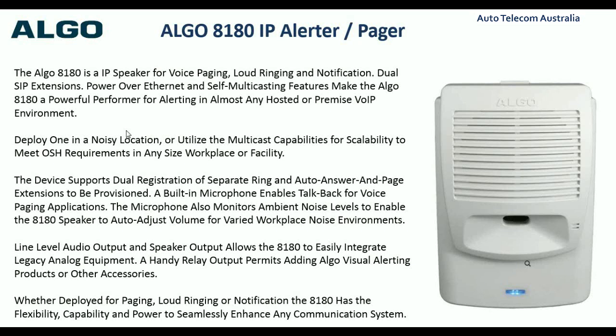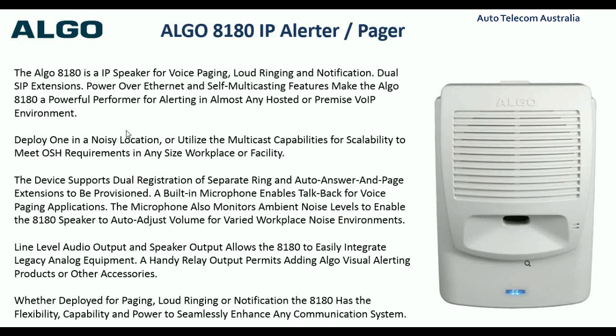Basically, as an alerter, it can be set up, for example, as a loud bell. So if we put a new cloud-based hosted system or a local IPPBX installation into a business, and this particular customer has a warehouse or a workshop area that they used to have a loud bell in on the old analog system, we will need a voice over IP equivalent to replace it with.